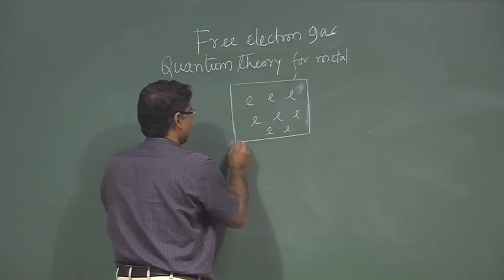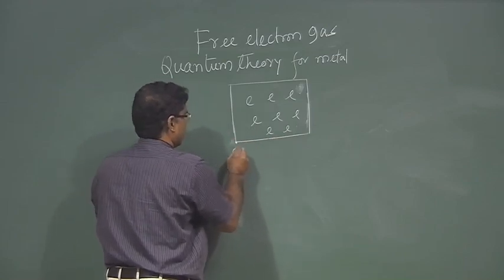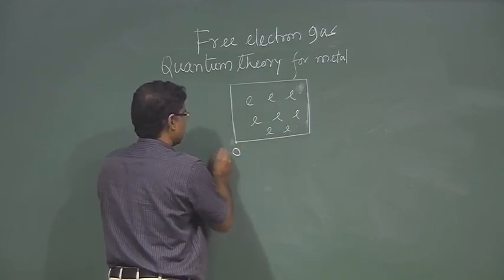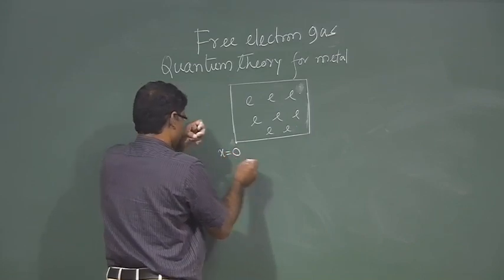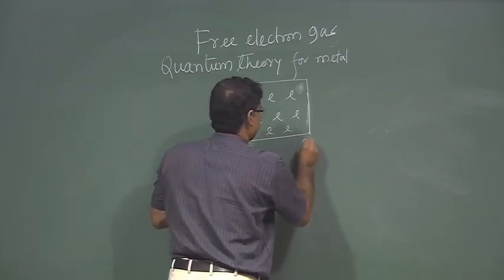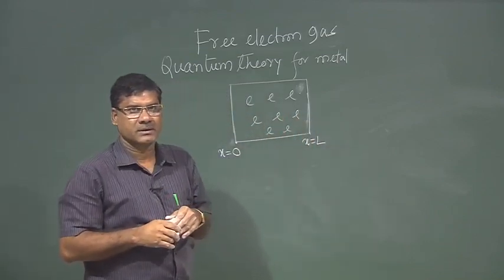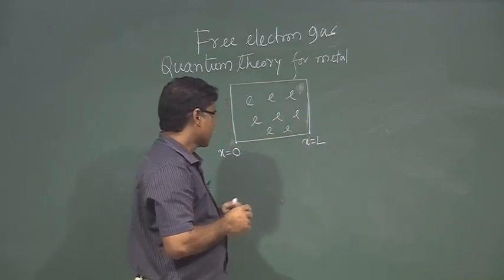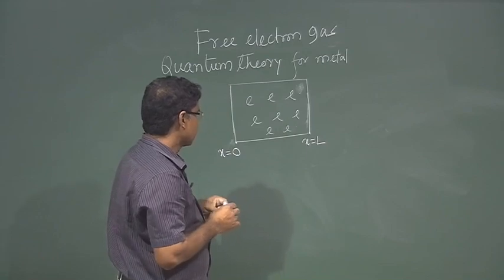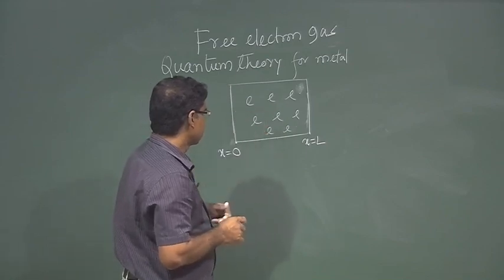Here if I put the coordinate x equal to 0 and here x equal to L, this is the dimension of the box on one side. So, in the 1-dimensional case, electrons are there.